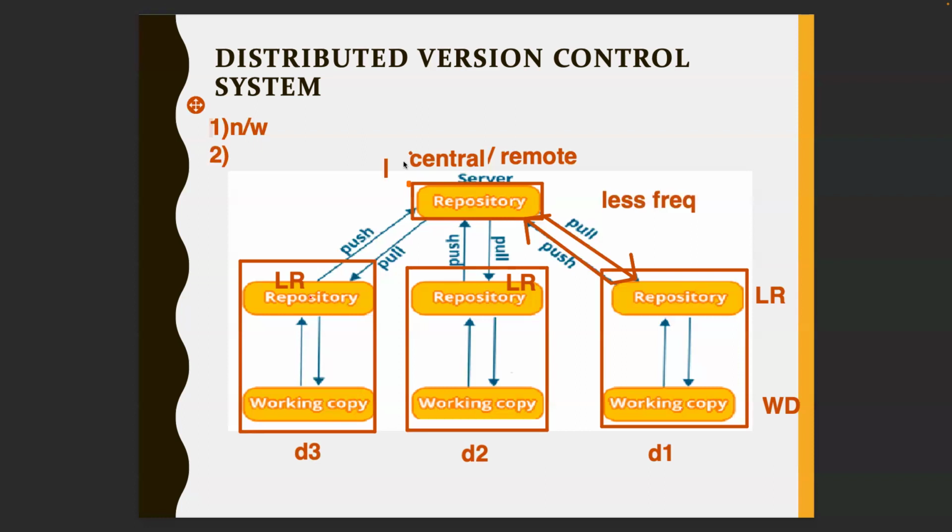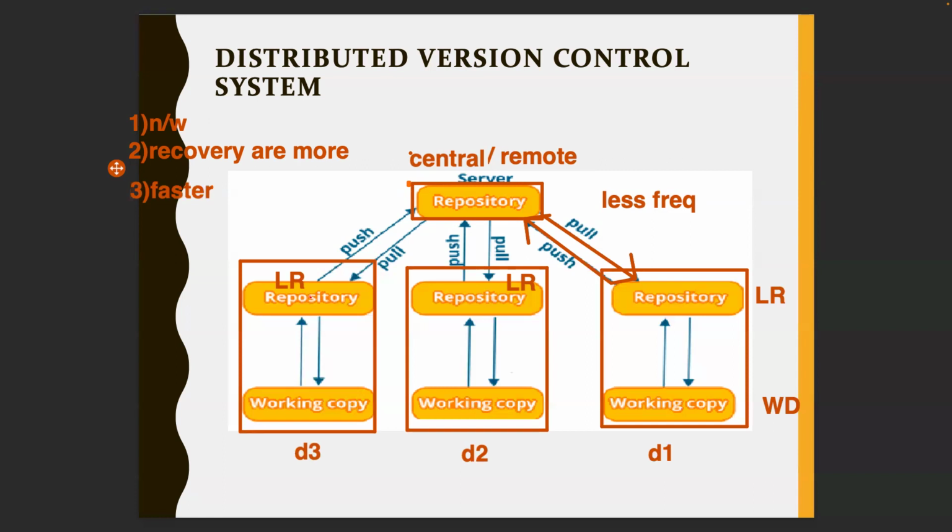Second thing, let's suppose the central server crashed or something happened. Chances of recovery are more, because everyone has a copy of that central server. That's another advantage. Another thing is that working with the local repository is just like accessing your hard disk. It's quite fast.